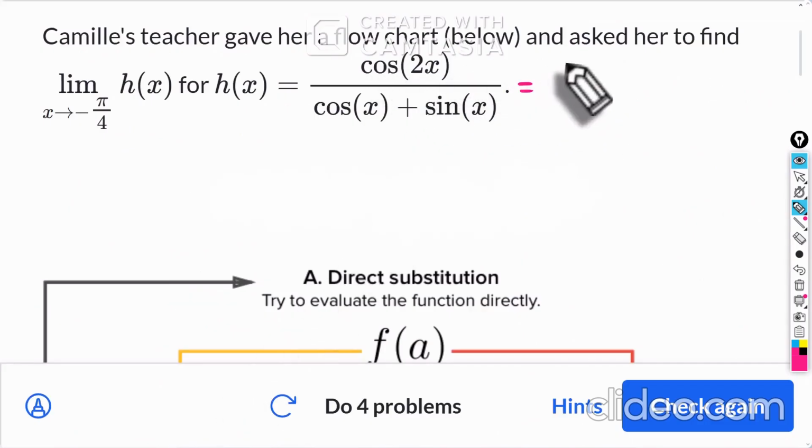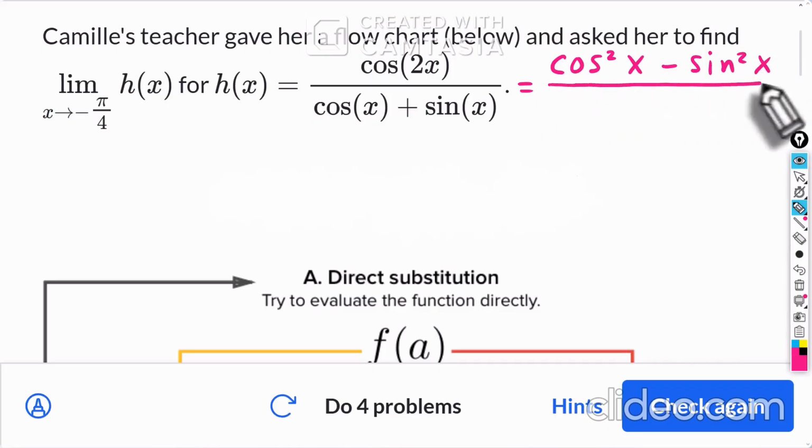All right, so in the numerator, it's going to be cosine squared of x minus sine squared x. And keep the denominator, cos x plus sine x.